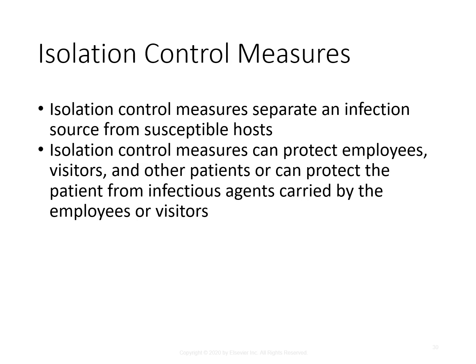Isolation control measures. So isolation control measures help separate an infectious source from a susceptible host. So an isolation control measure can help protect employees and visitors and other patients, or it can protect the patient from infectious agents carried by employees or visitors.